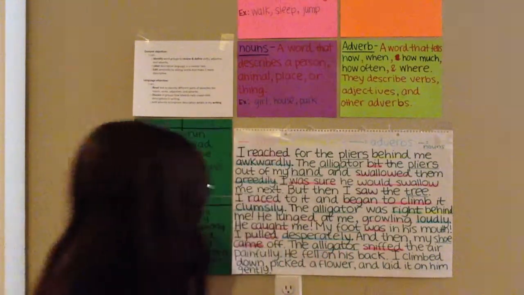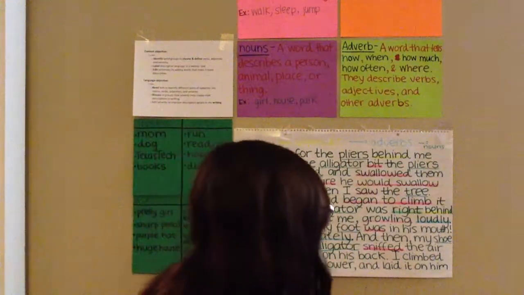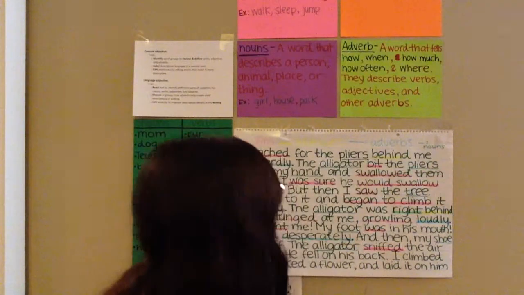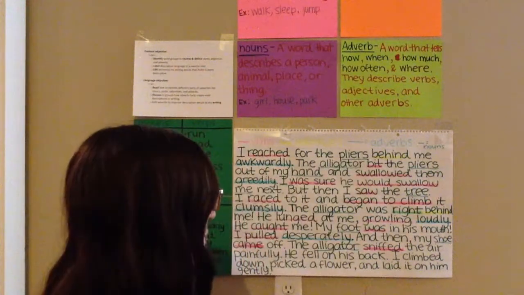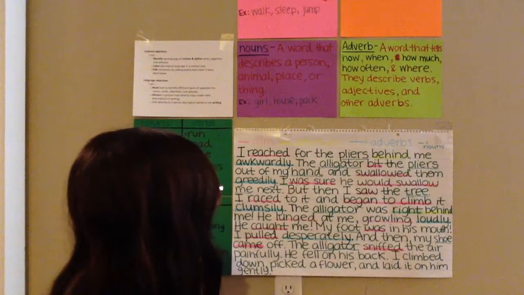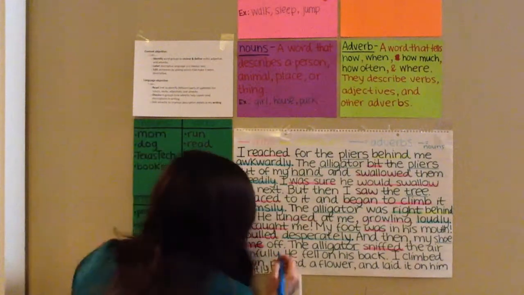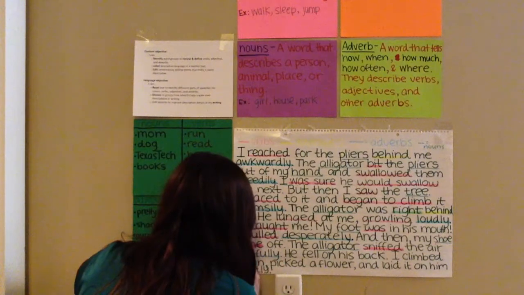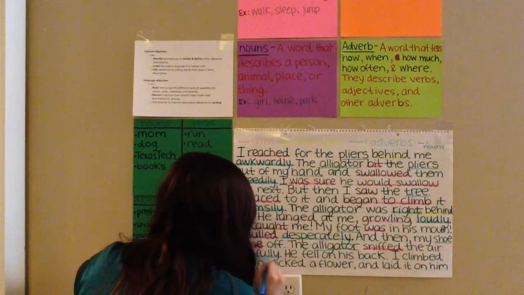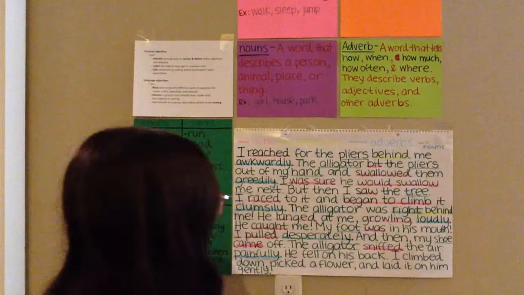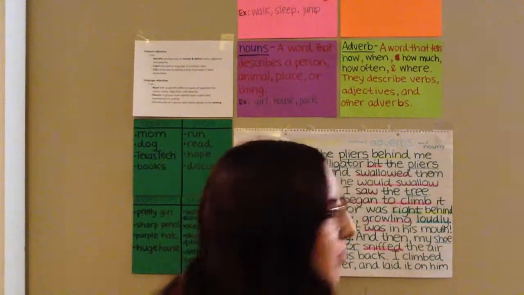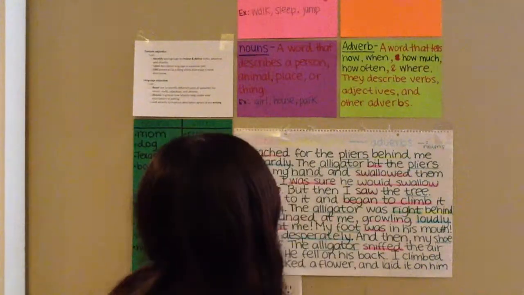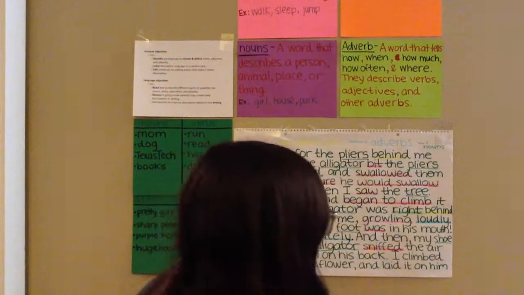Good job. Okay, is there anything else in this sentence? Okay, I hear people saying the adverb. And what is the adverb? Painfully. Good job. Painfully is the adverb. Can you tell me what it is modifying? Okay, so I hear people saying that it's modifying a verb. What verb? Sniffed. Good. So painfully is modifying sniffed.